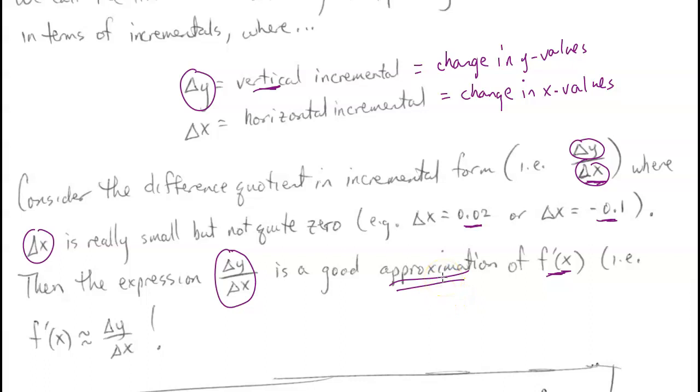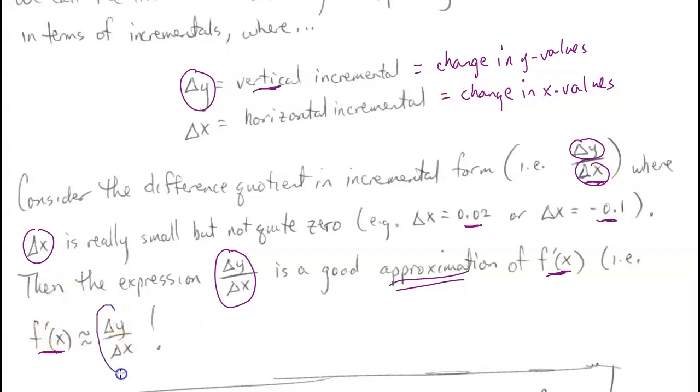And we're saying approximation because one of the interpretations of the definition of a derivative is instantaneous rate of change. Meaning if I want to find how fast something is changing at an instant or a snapshot in time, that is what the derivative is, okay? And we know that is just the limit of the difference quotient.